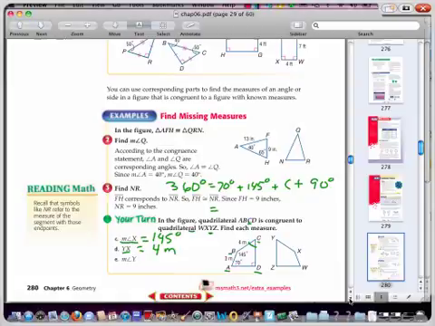So we would get 360 equals 305 plus C. And if we subtract 305 from both sides, we will find out that C equals 55 degrees. And if C equals 55 degrees, then so does Y. So the measure of angle Y is 55 degrees.